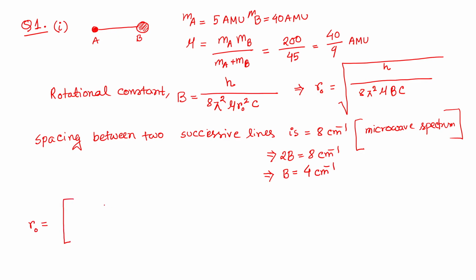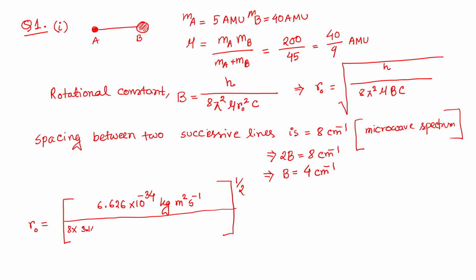So we know h is 6.626 into 10 to the power minus 34 joule second, and we can write joule second as kg meter square second inverse. I will take a root like this, and 8 pi square is 3.14 square. Then mu I got is 40 by 9 amu. From amu I want to go to kg, I have to multiply by 1.66 into 10 to the power minus 27 kg.